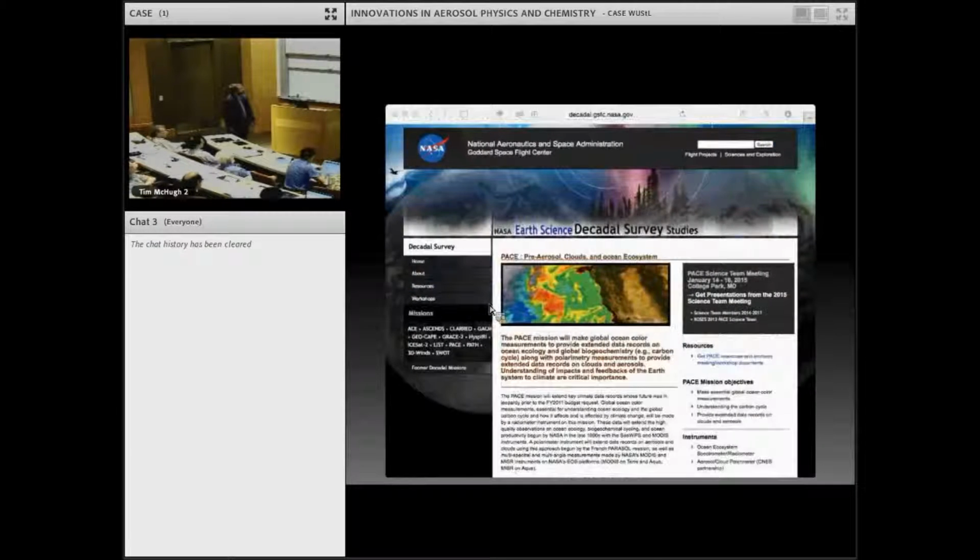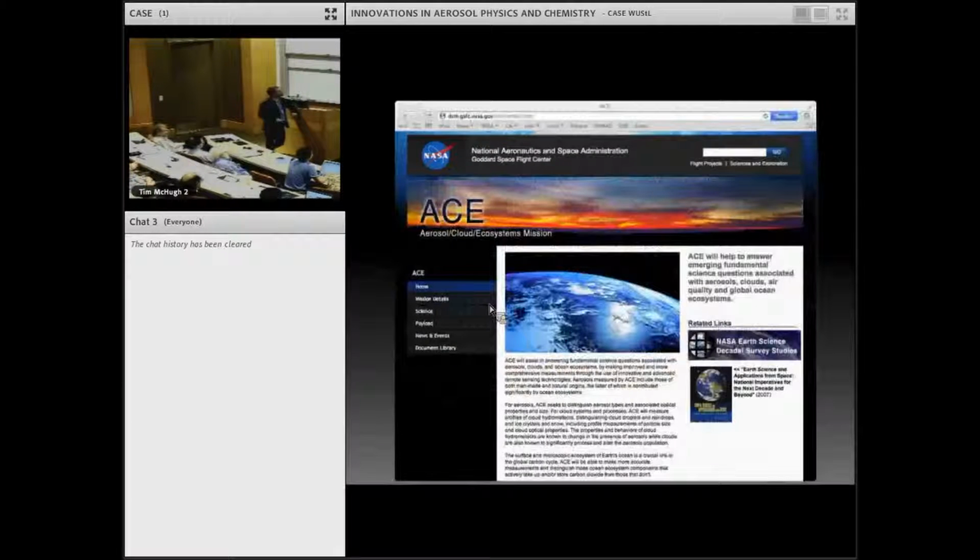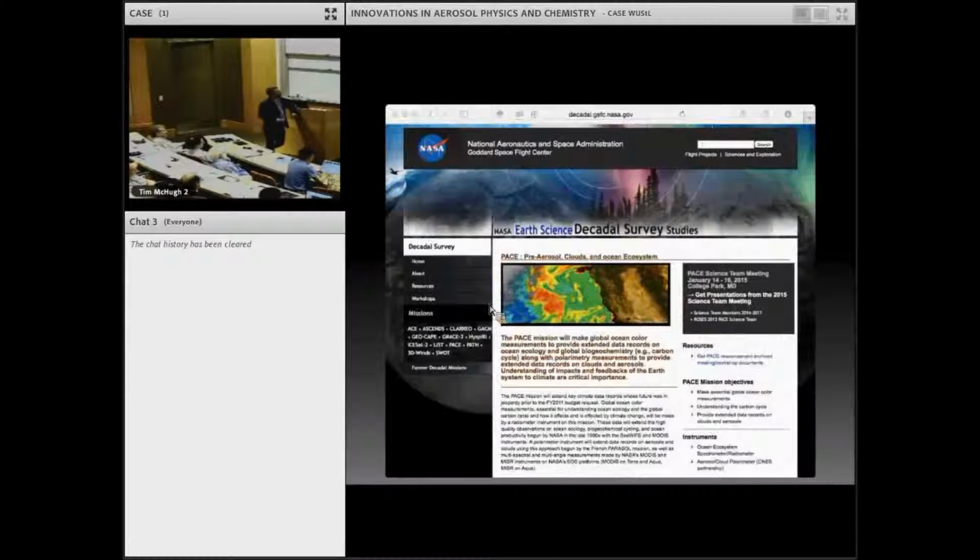A more near-term instrument is called PACE, sort of uncreatively named the pre-ACE mission. This is aerosol cloud and ocean ecosystems. So really the primary focus of PACE is ocean color measurements.